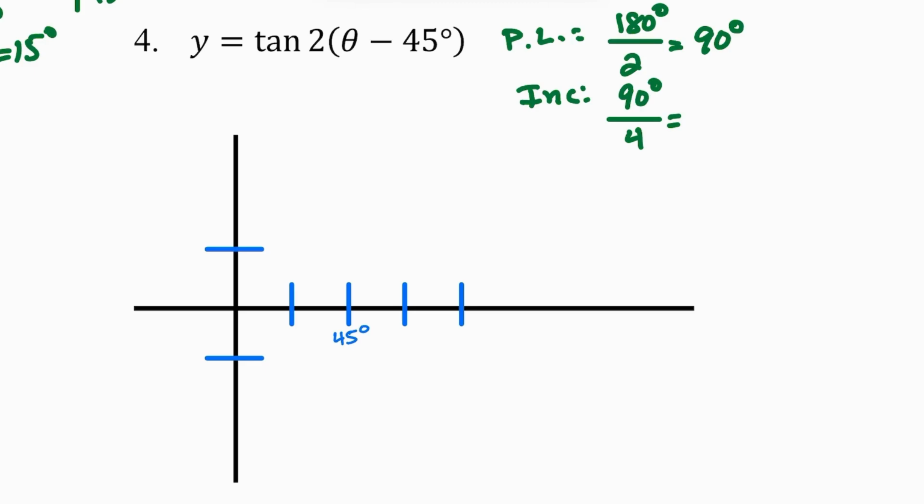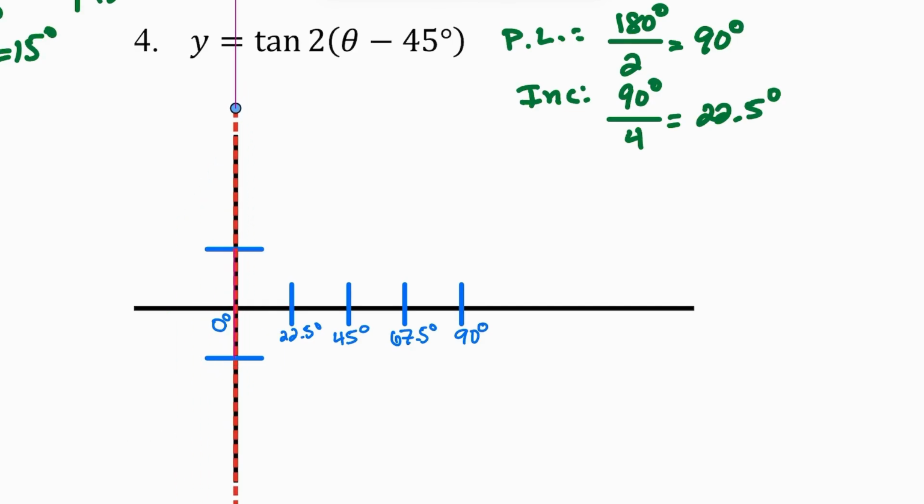So we're going to divide 90 by 4 and get 22.5 degrees. So that means that I'm going to go 2 to the left, so subtract 22.5 degrees, which ends up being 22.5 degrees and 0. Then I go 2 to the right, so 67.5 and 90, which makes sense because that was our period length from 0 to 90.